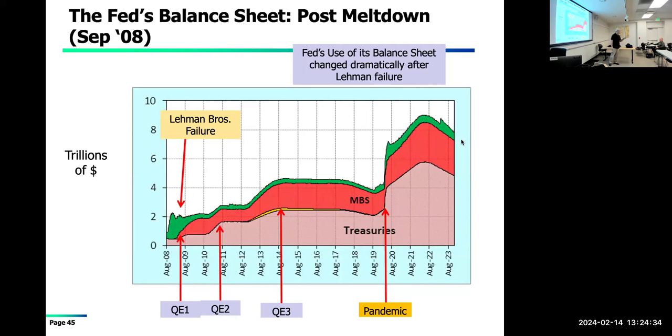And so they decided intentionally, look at this graph, very quickly to put trillions of dollars into the banking system. And as a consequence, we did not have a financial panic. You cannot rewrite history to say, well, what if they hadn't done that? Would we have had a financial panic? And of course, you can't answer those questions.